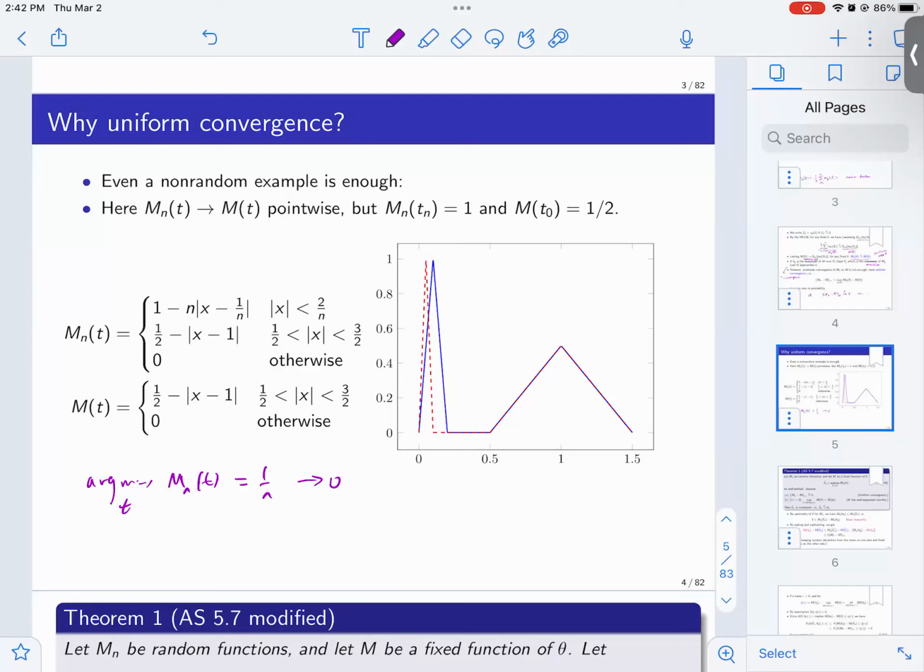This is an example where pointwise convergence holds, but uniform convergence fails, and you can argue that that's the case. So it gives you an example where you have pointwise convergence of this function, but the maximum of this is 1, the maximum of the limit is 1/2, so the maximum doesn't converge. The argmax 1/n is converging to 0, and the argmax of the limit is 1/2, and clearly they don't converge.